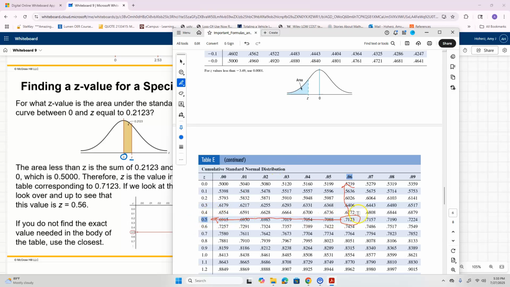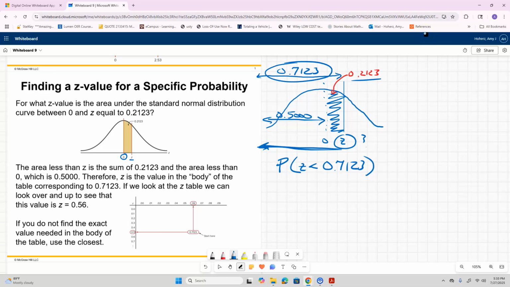So 0.5, and then 6 is our hundredths spot. So our answer is 0.56. We just figured out that that z-value right there must have been 0.56. Now, I want to tell you something real specific about this. I will not ask one of these on the test.